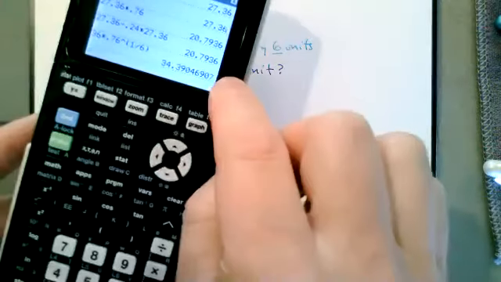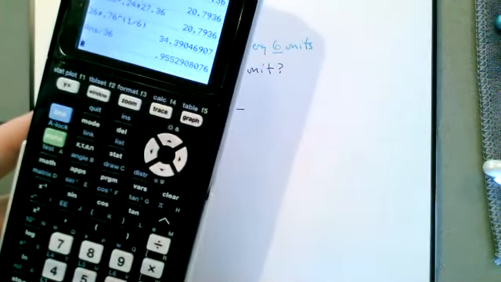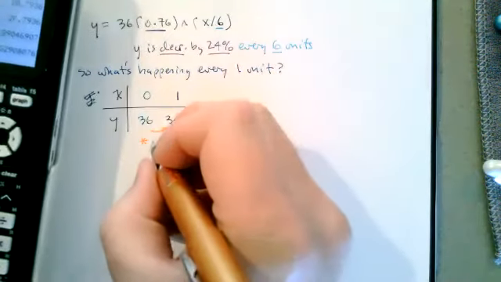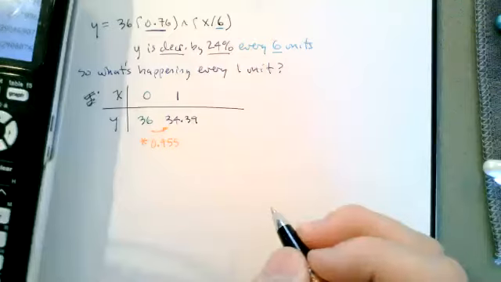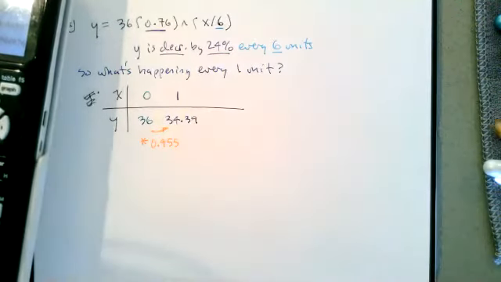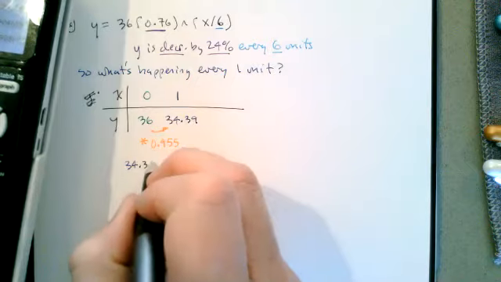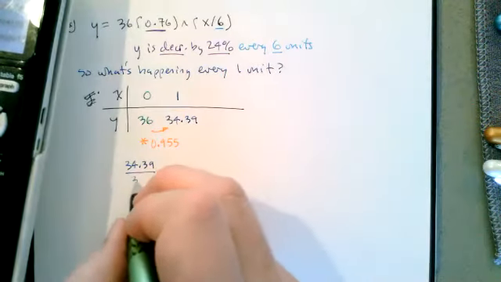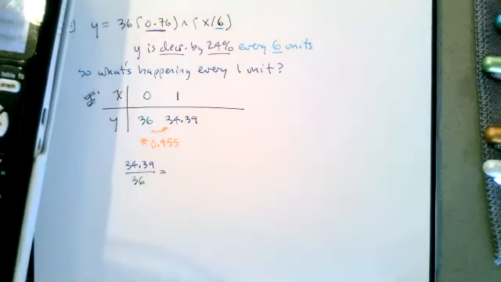So if I just take this number and divide it by the 36, I get 0.955. So this comes from taking the 34.39, where we ended up, and dividing it by the 36, where we started, to arrive at the 0.955.